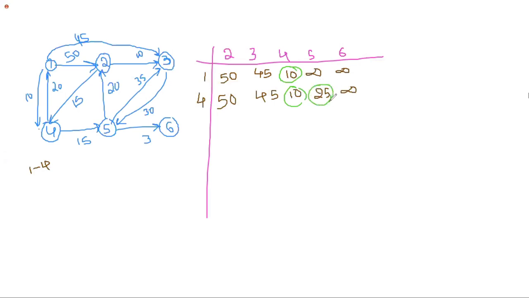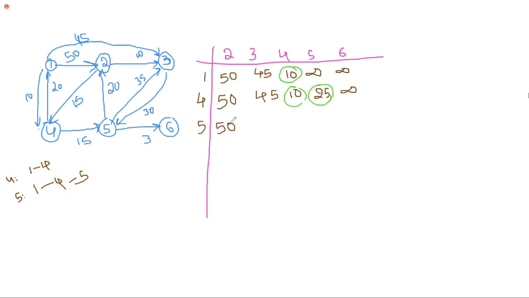For our understanding only, I'm putting these rounds. Now this 25 is 5. So how can you reach 5? 1, 4, 5. This is for the fourth vertex. Source is always 1, right? This is for the fifth vertex. 1, 4. Next, 1 to 2, it is directly 50.